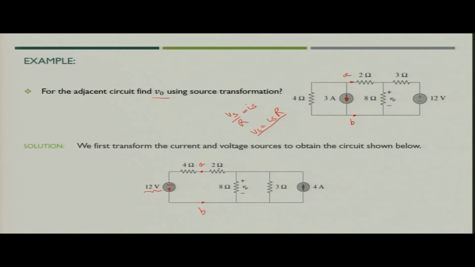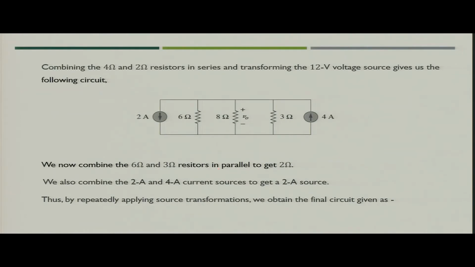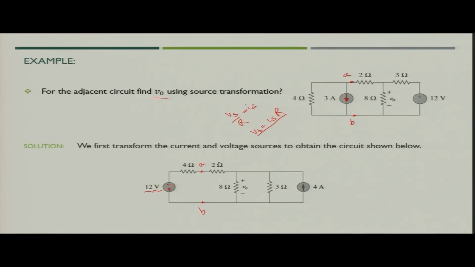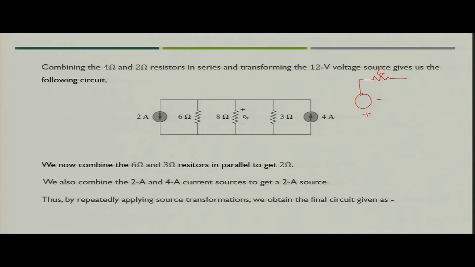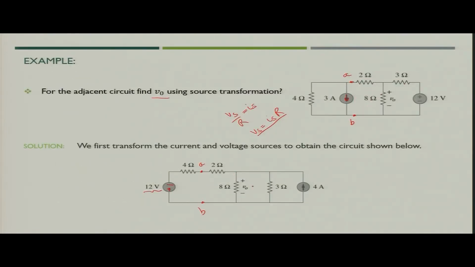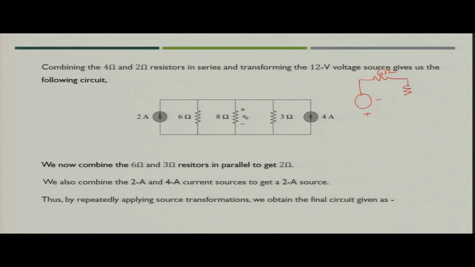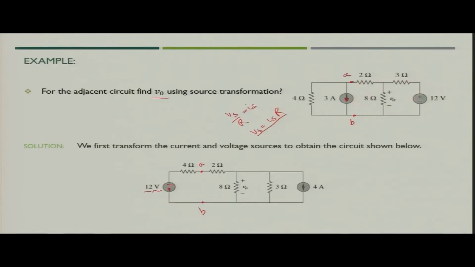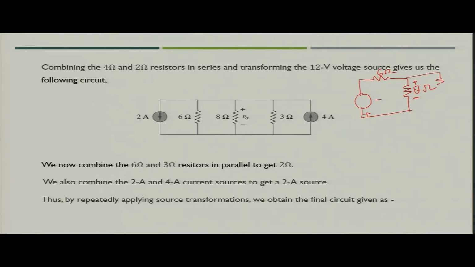So you can club both of them and you will get a circuit like this, where you have a voltage source in series with 6 ohm resistance, and then you have 8 ohm resistance, so we have to find out the voltage across these, and then the rest of the circuit, that is the 3 ohm resistance and the current source of 4 ampere.